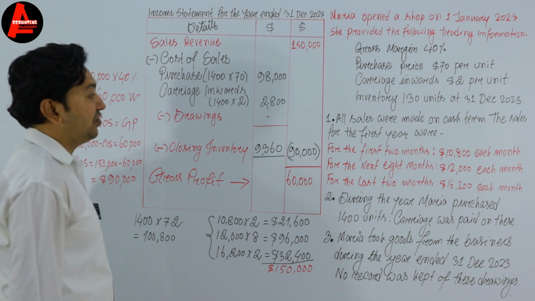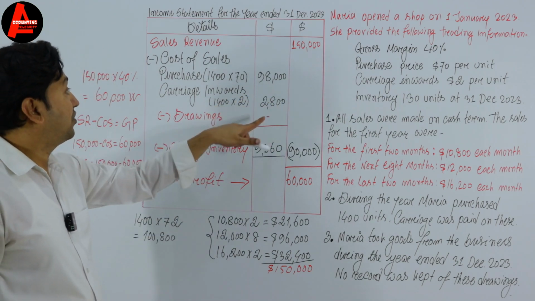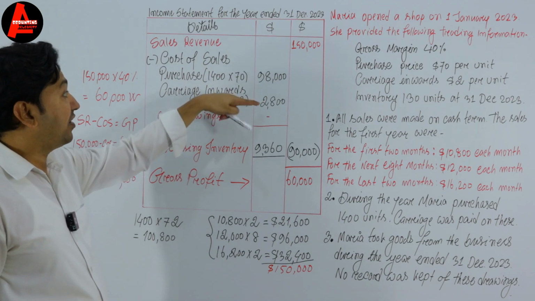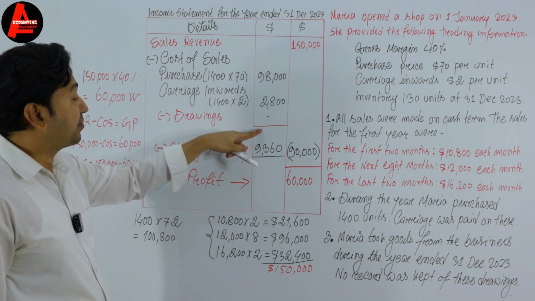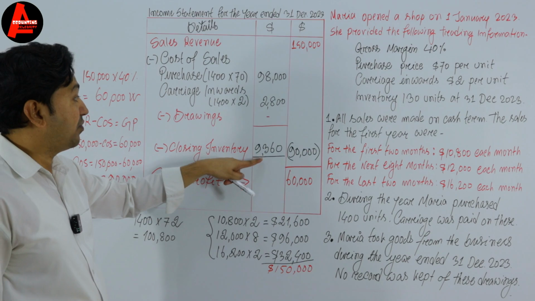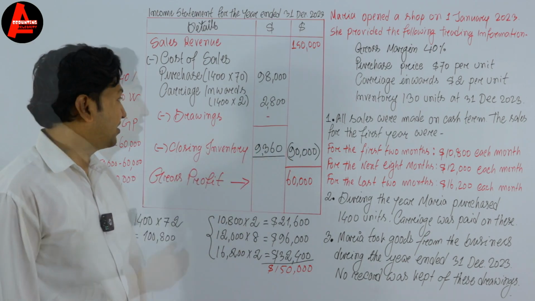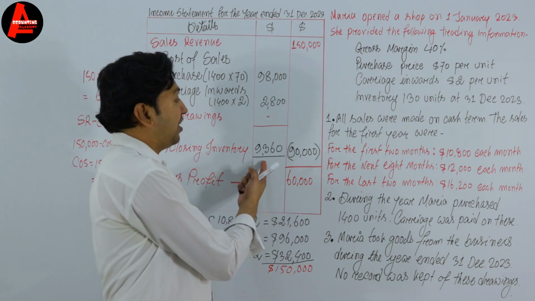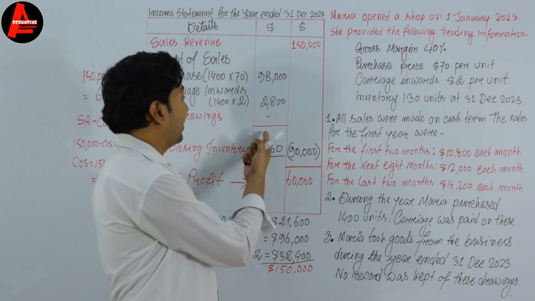Okay, so now think about it. So we have purchased, we have carriage inward. Okay, we add these two items, we subtracted something, we get something here, then we will subtract this closing inventory from here, we get $90,000. So here if we add this closing inventory with the cost of sales, we will get this answer.